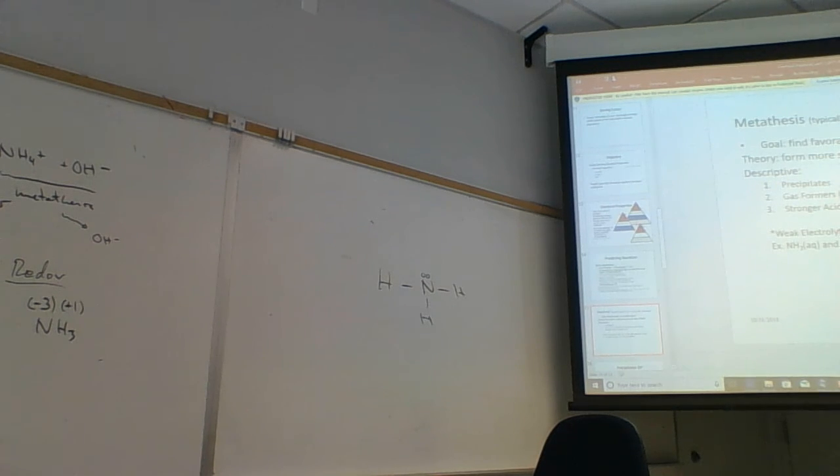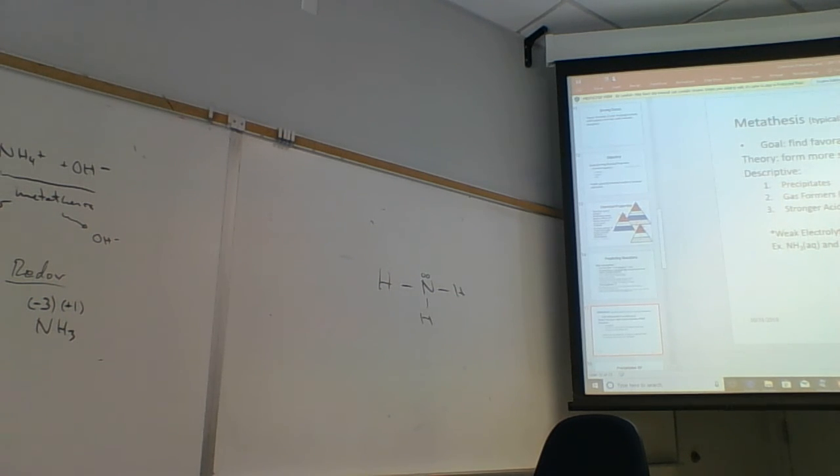So let's take a look at counting electrons. The first way is the octet/duet. And so for something like ammonia, we look at the total number of electrons surrounding that particular atom.